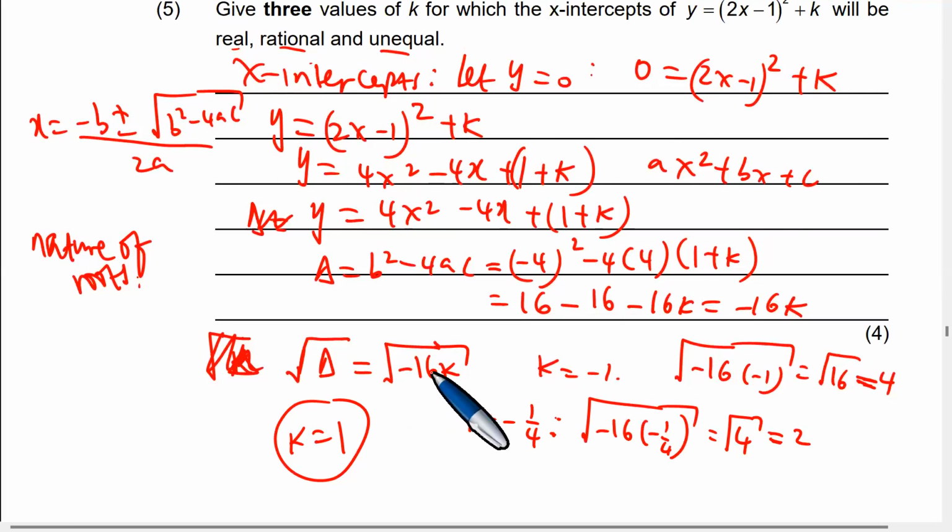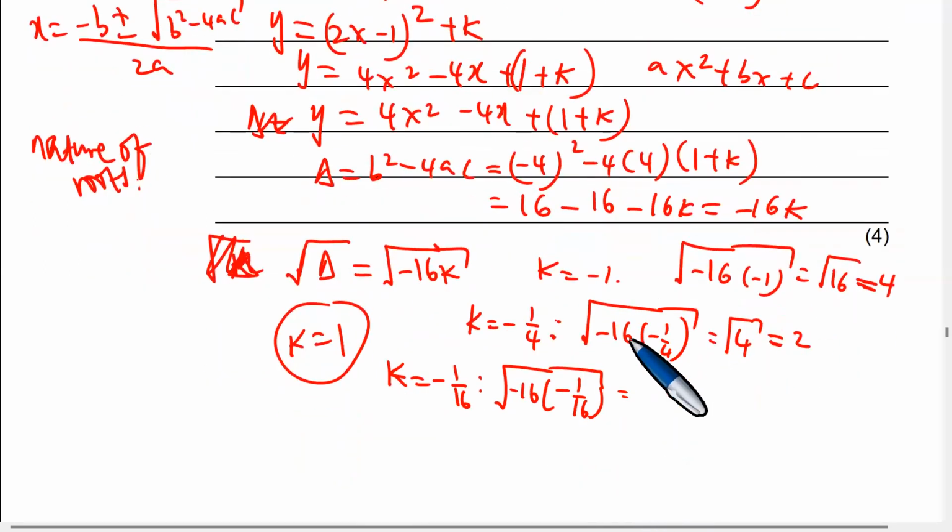16 itself is a perfect square, but you can also say k is minus 1/16. It must be negative, because you already have a negative and you want a plus. You can't have a negative under the square root. So you take minus 1/16, because negative times negative is positive. 16 divided by 16 is 1, and the square root of 1 is 1.